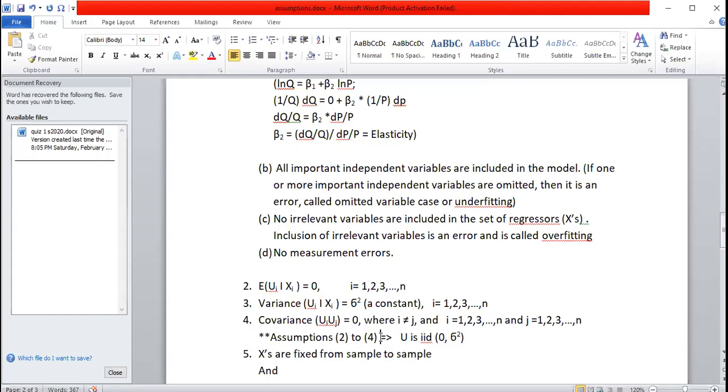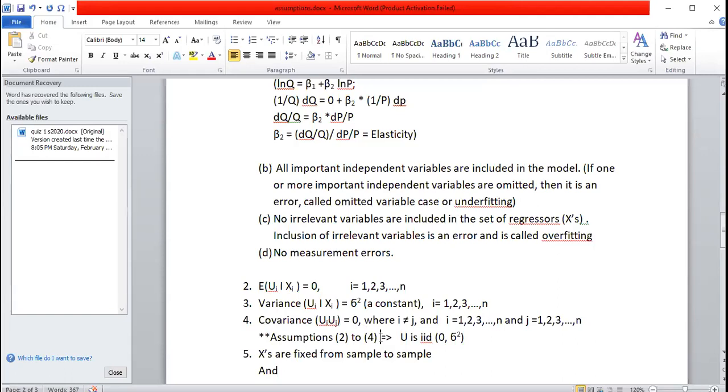With one X value, there is a U distribution. With another X value, there is another U distribution. So in our example, 20 X values, so 20 U distributions. Interestingly, these are not very reliable, not very reasonable assumptions.